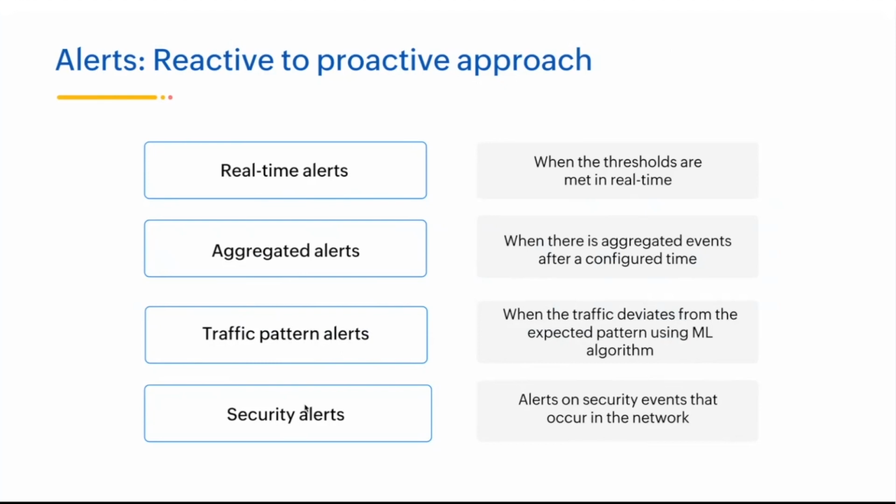Aggregated alert, as the name suggests, goes off when the total volume or packets over a given time period cross the threshold. Traffic pattern alerts arise when there is a deviation from the regular traffic behavior. And lastly, security alerts are generated when any security event occurs.